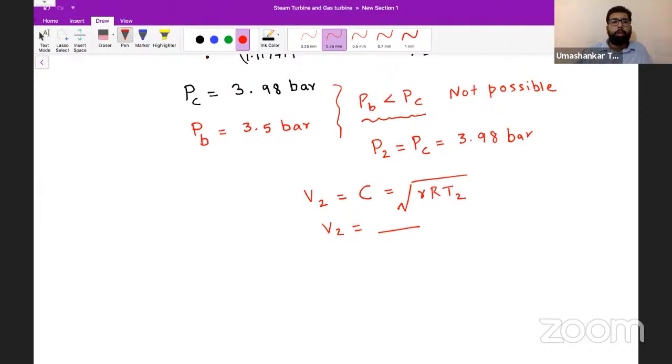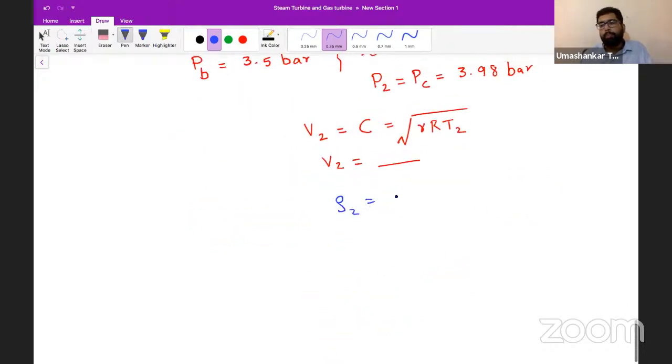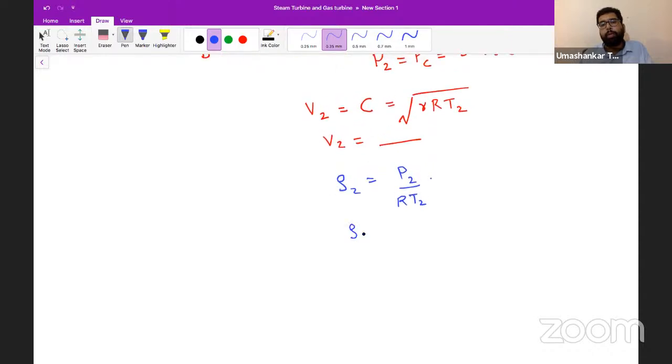You have the temperature T2. So ρ2 will be P2 upon RT2. As you are operating on critical condition, you can say that this exit density is equal to the critical density.